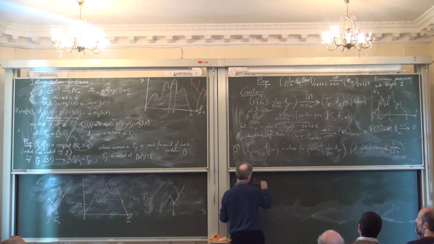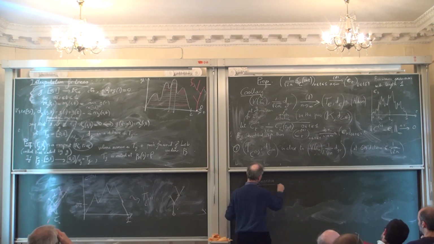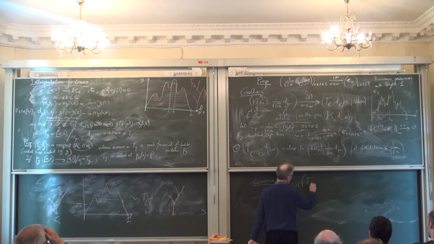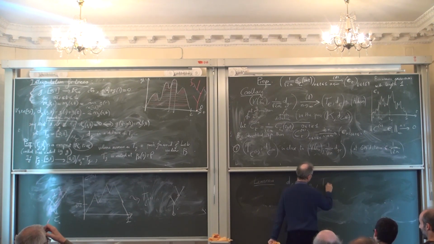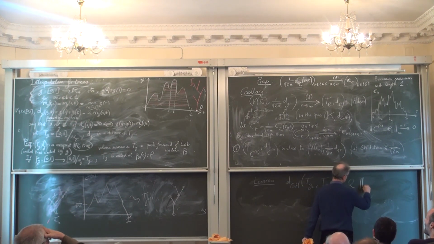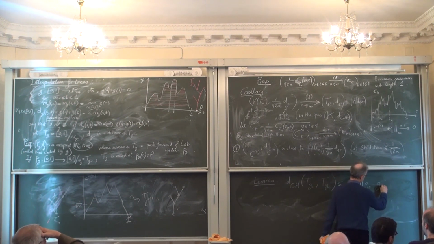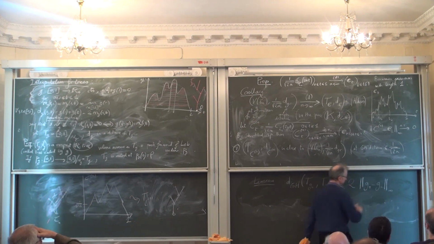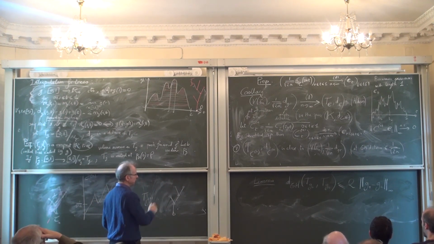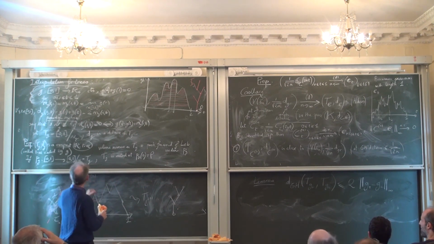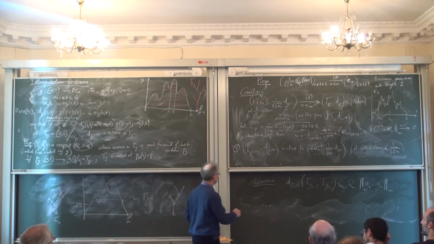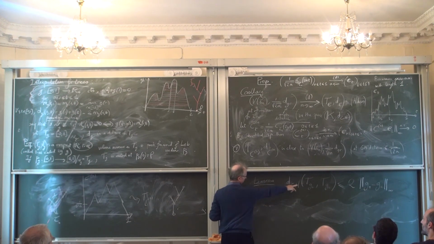So, lemma: if you look at the Gromov-Hausdorff distance between the tree coded by a function g1 and the tree coded by a function g2, this is bounded above by twice the norm of g1 minus g2. So this is a sup norm. I don't prove that for the moment; maybe I could come back to that tomorrow. It tells you that the tree coded by a function depends continuously on the function g.